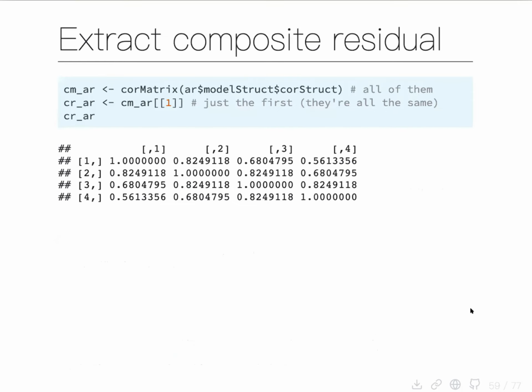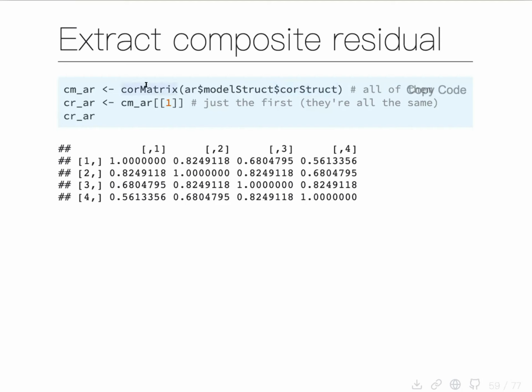But that's it. Now from here, we're going to pull out the composite residual. So if I have AR, which is what I called my model, you have from there this modelStruct thing, and then this corStruct thing.